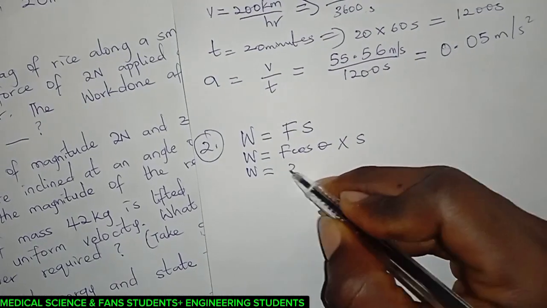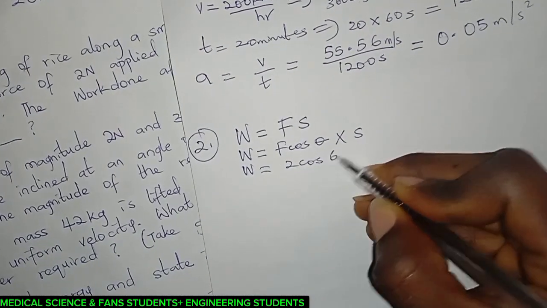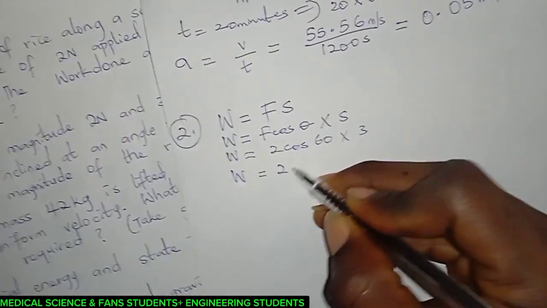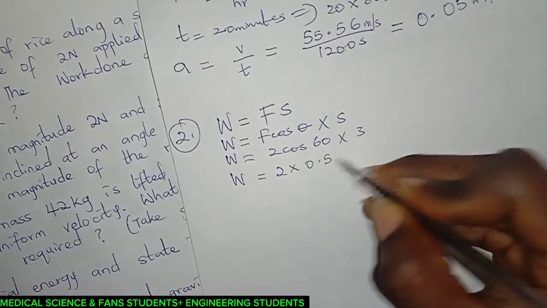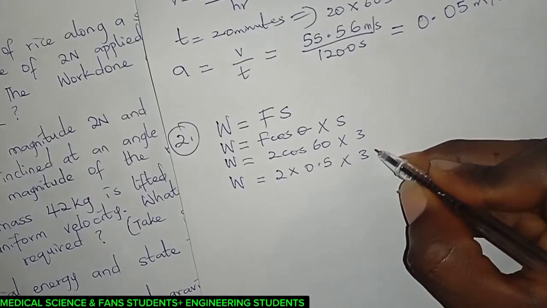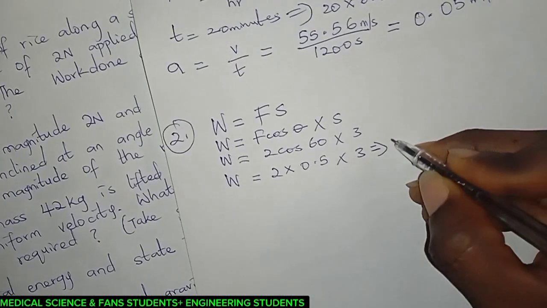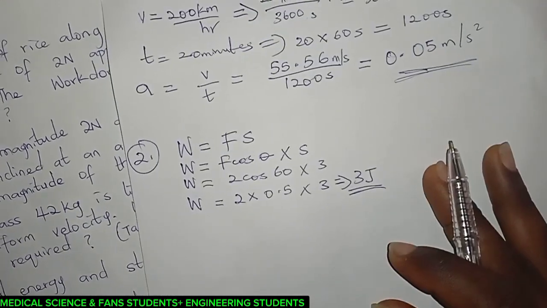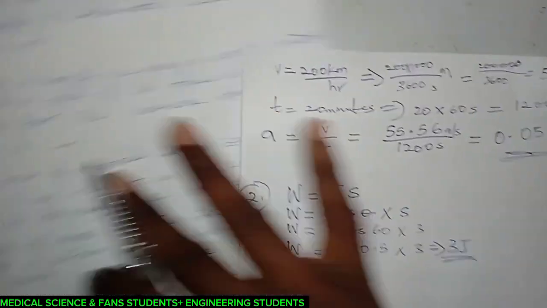W equals 2 cos 60 times 3. W equals 2 times 0.5 times 3, equals 3 joules. 3 joules, that's my answer.